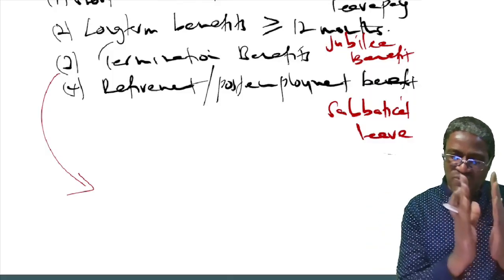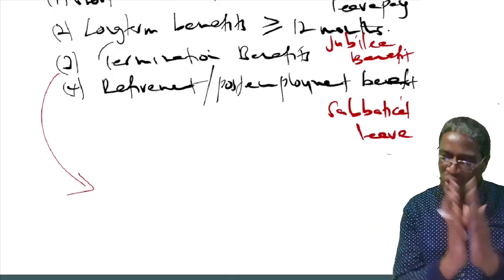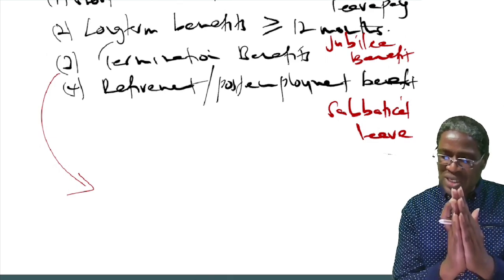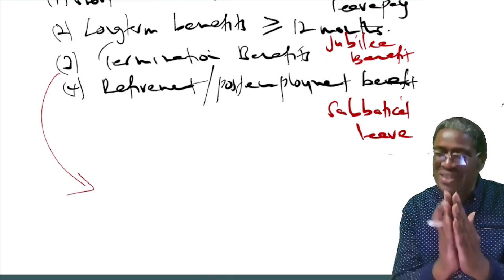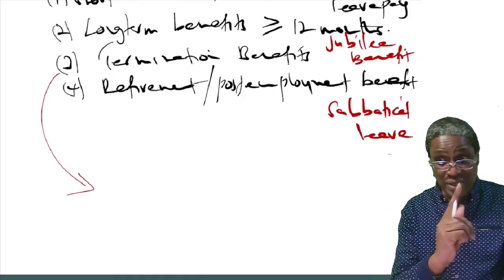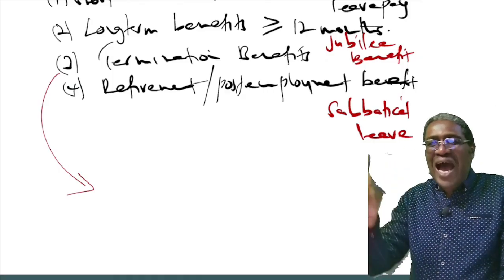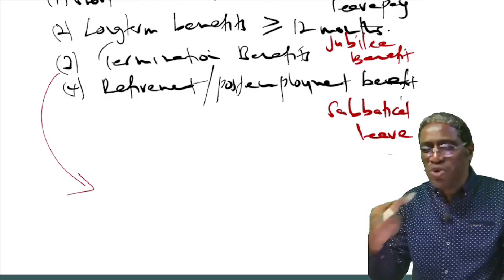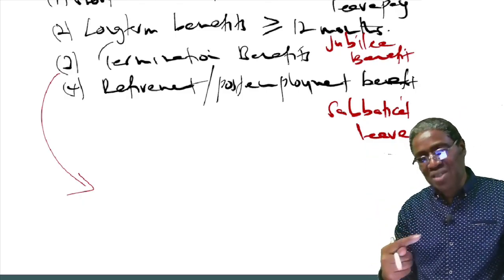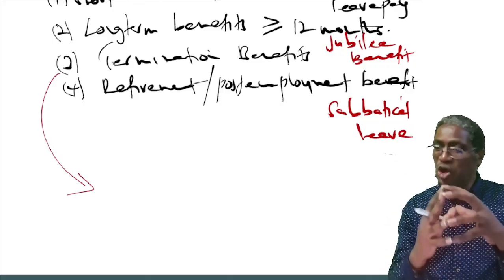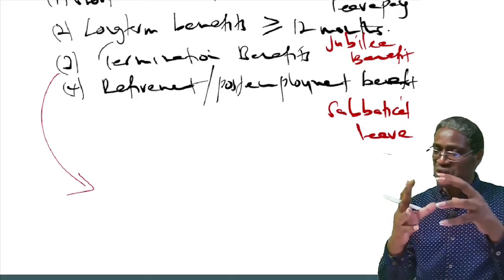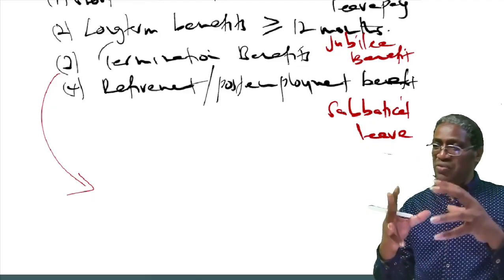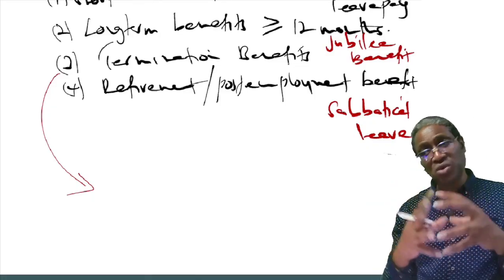So the other side of termination benefit is where it is the employee's decision, now not the employer. It is the employee's decision accepting an early voluntary retirement in exchange of a benefit. You're told, this is our package. You want to take it and go.